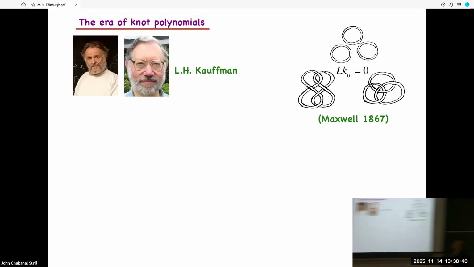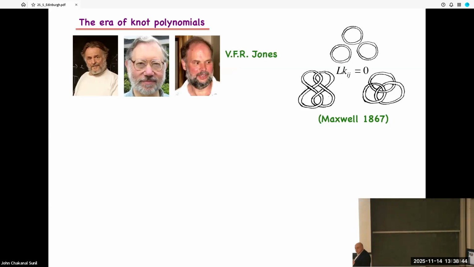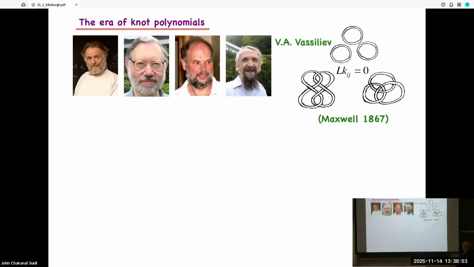And of course, Louis Kauffman with the bracket polynomial, and then Jones, who got a Fields Medal at that time, 1992, for the discovery of these polynomials coming from the Yang-Baxter equation from statistical mechanics. And then the end of the era of knot polynomials with Vassiliev.